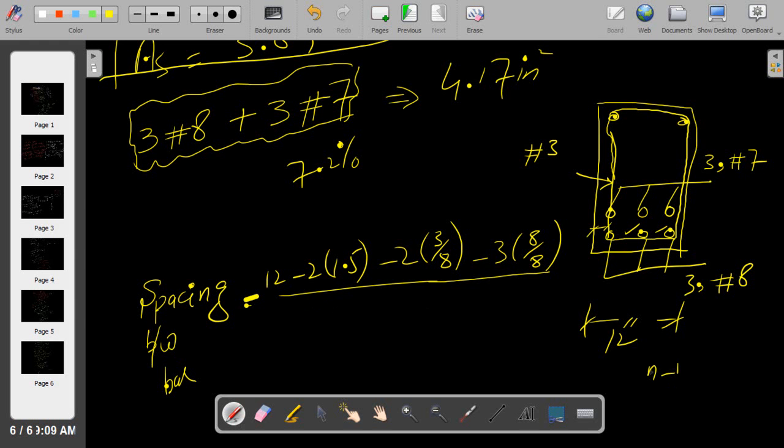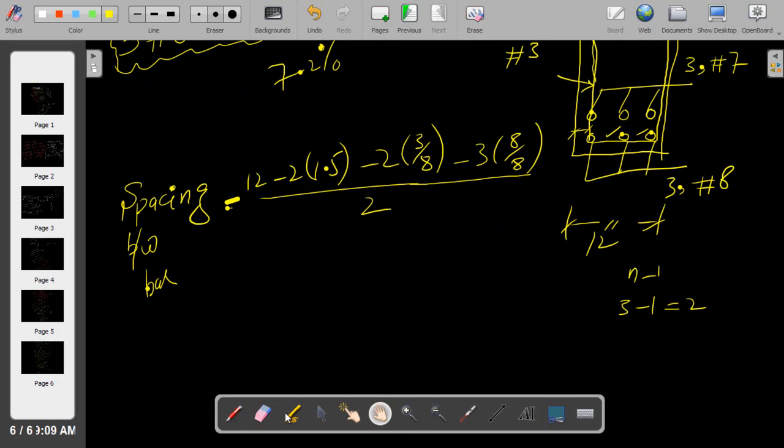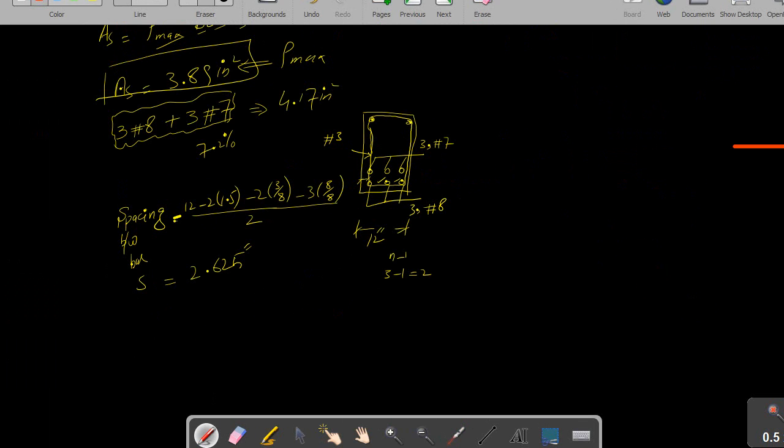We have 3 bars, so the number of spacings is 2. If you use your calculator, you will find the spacing S comes out to be 2.625 inches, which is the required spacing between the bars.